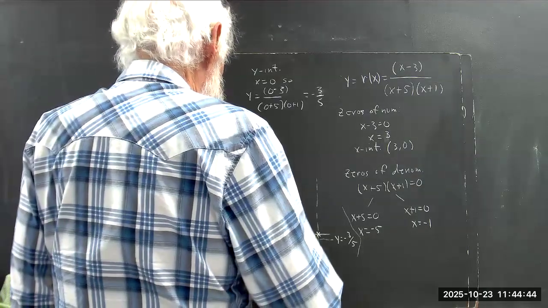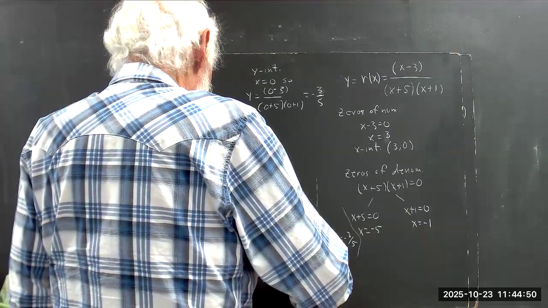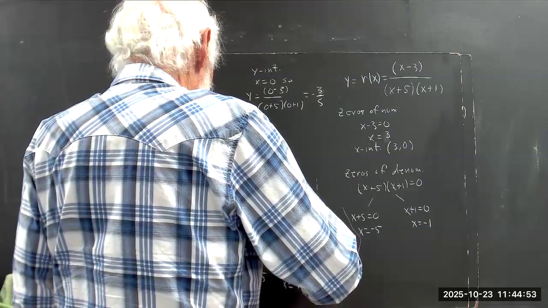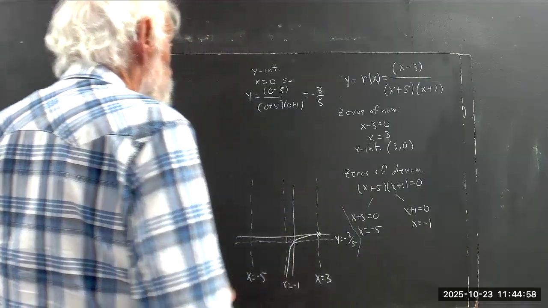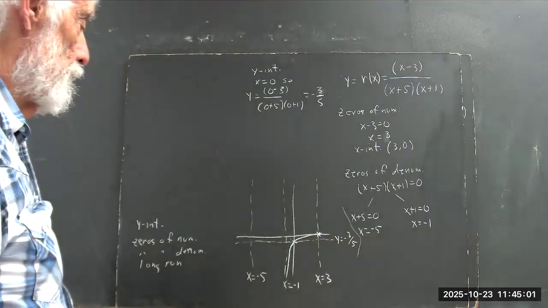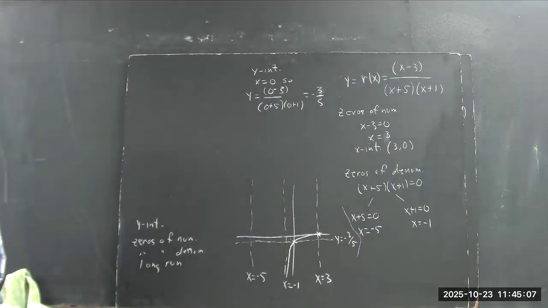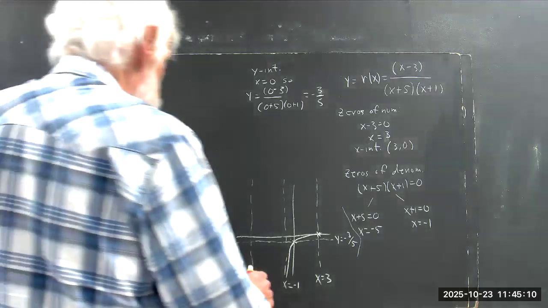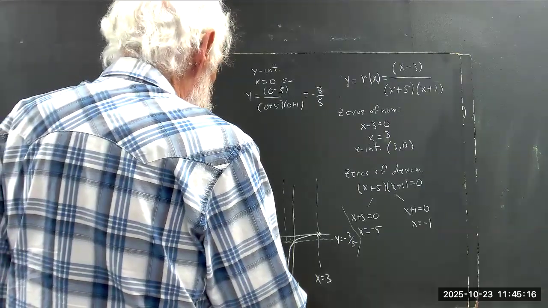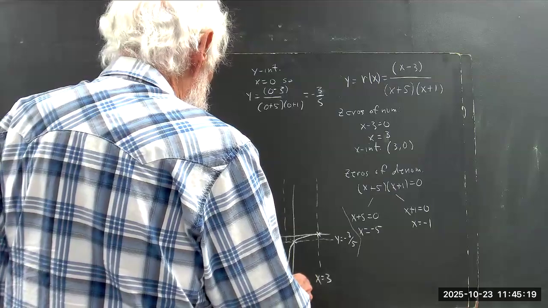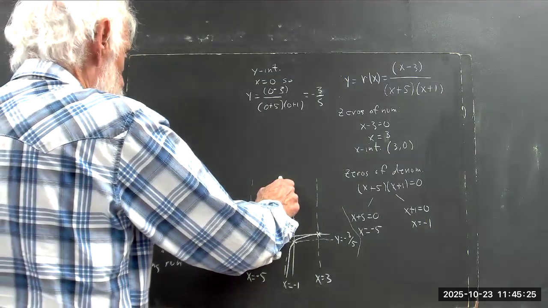Meaning the graph's going to come up from below, and we're going to come over here, and we're going to go through this point. And then where we go after that kind of depends on our asymptote. Okay, so on the other side of x equals -1, the graph's going to have to come down from here.